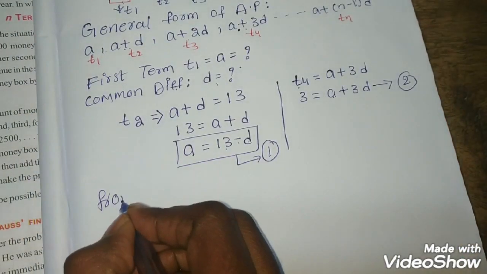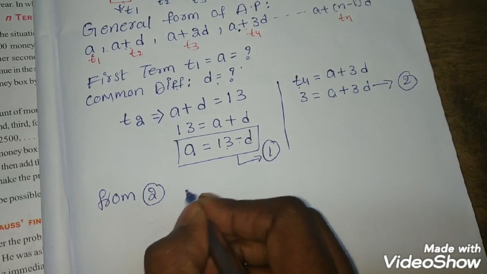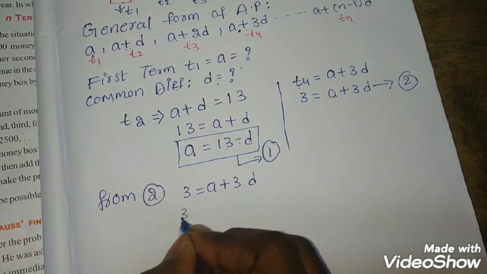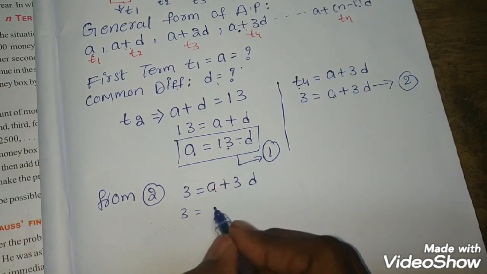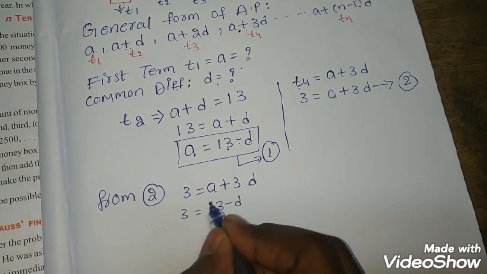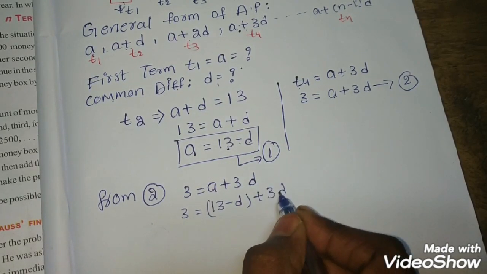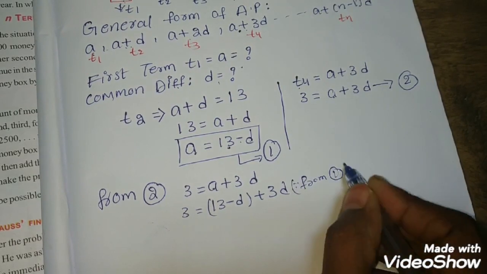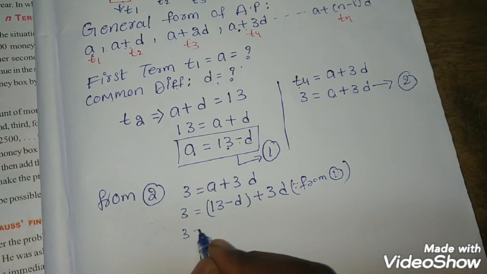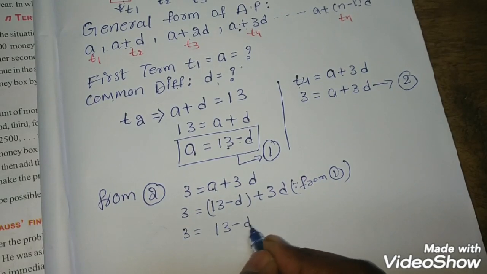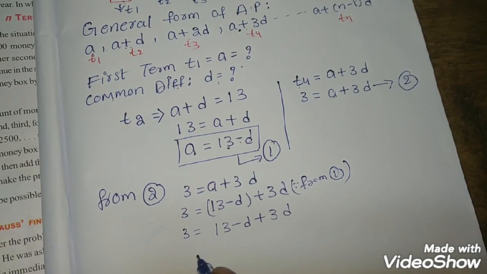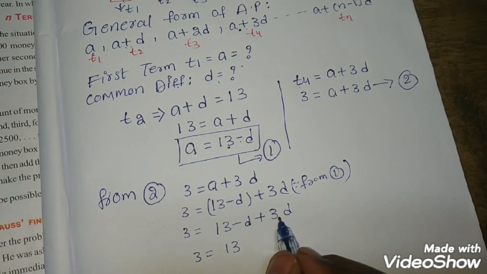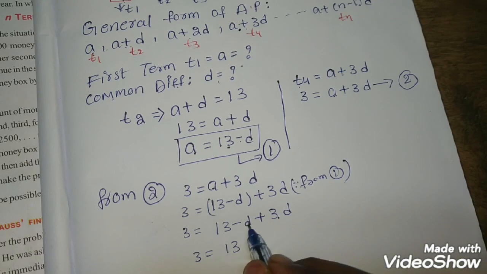From 2, that is 3 is equal to A plus 3D. So 3 is equal to, what is A here? A is 13 minus D plus 3D from 1. Since from 1, 3 is equal to 13 minus D plus 3D.